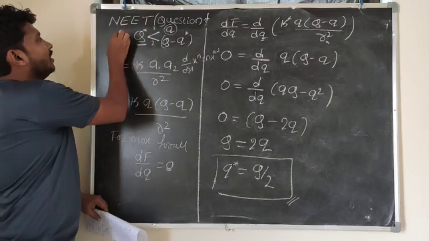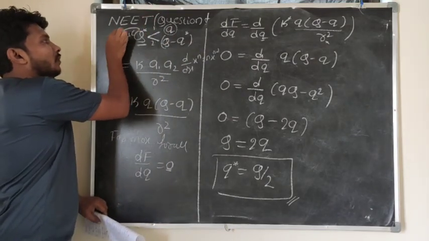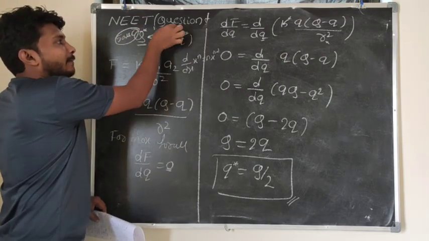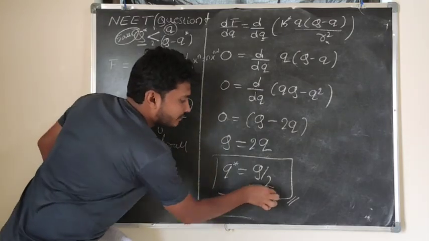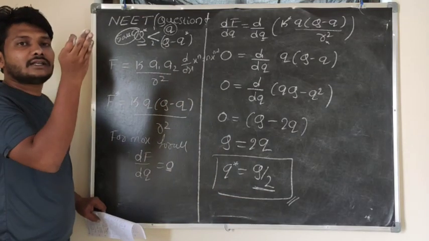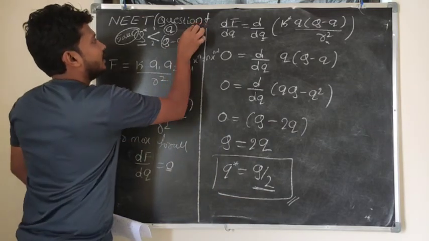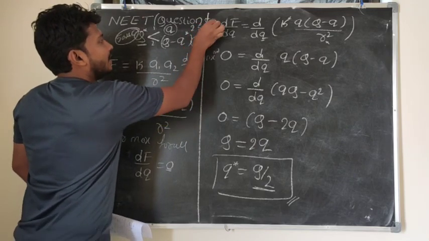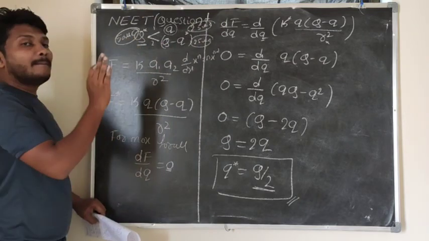For example, if the charge is 50 microcoulomb, to get the maximum force I divide the charge into two equal halves: 25 microcoulomb and 25 microcoulomb. If I do this, I get the maximum force.